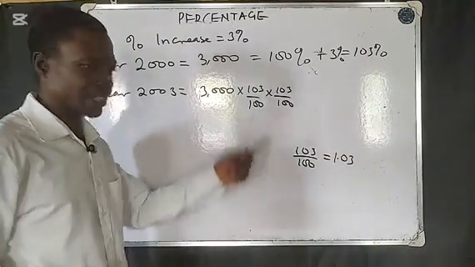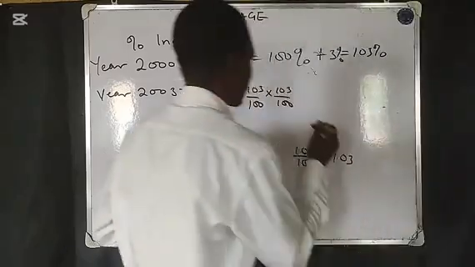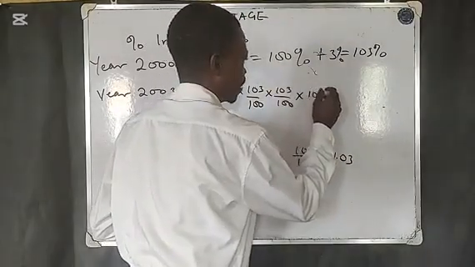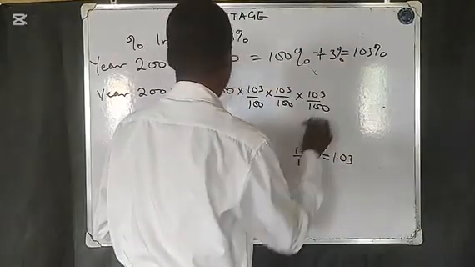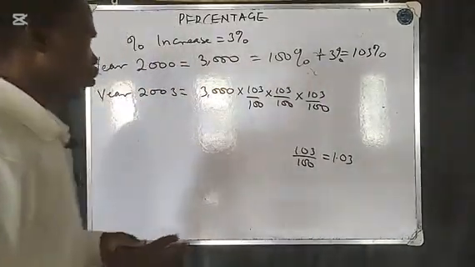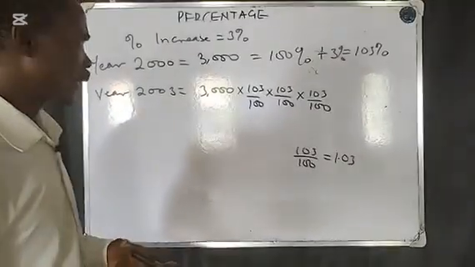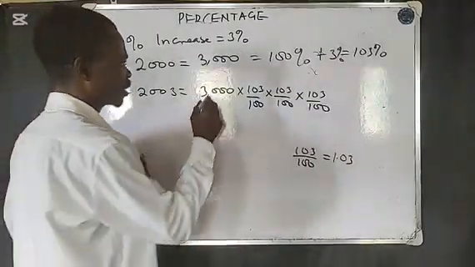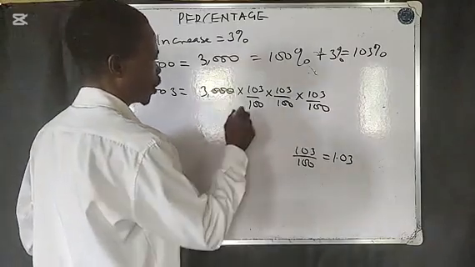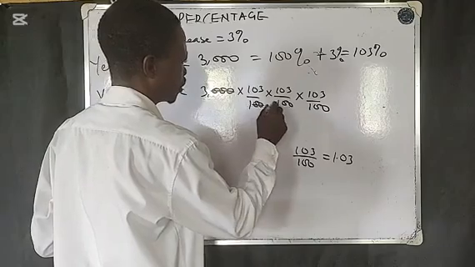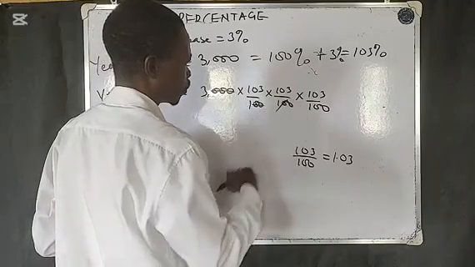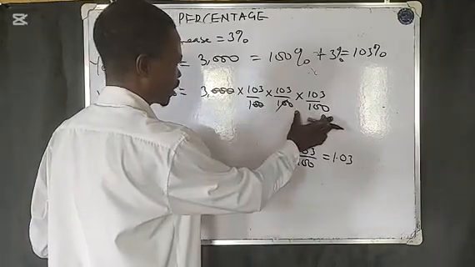So instead of writing big things like this, let me just leave it times 103 over 100. Is that okay? So this is what we are going to get at the end of the day. Now let's reduce this number first. This 3,000 and 100, let's cancel the zeros here. So we have 1,000 remaining, right?